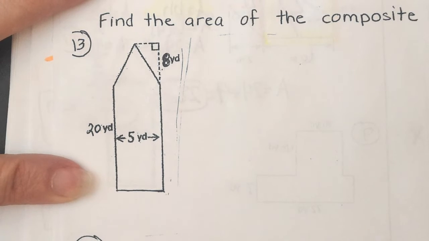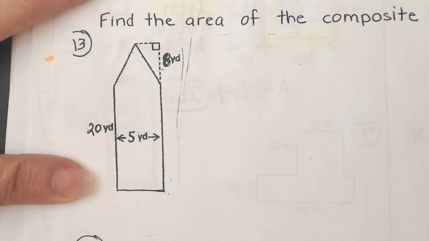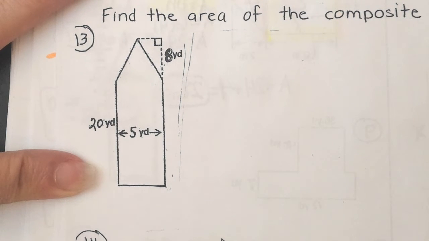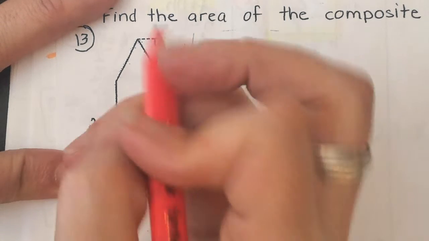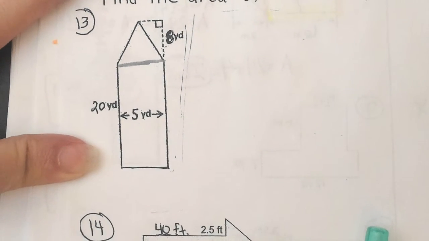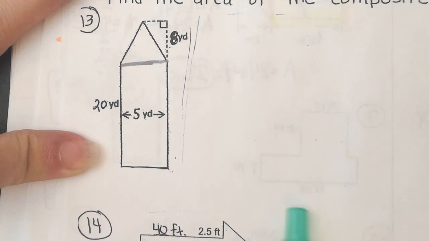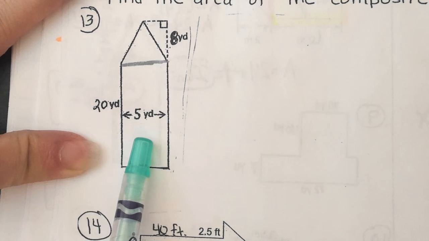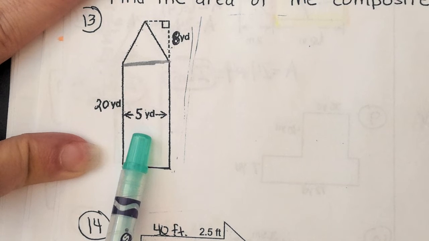But the problem is this. You all looked at this rectangle and you knew to cut it right here. But you didn't choose the right numbers. The rectangle is what two numbers? 12 and 5.